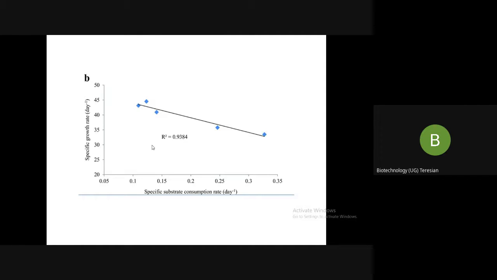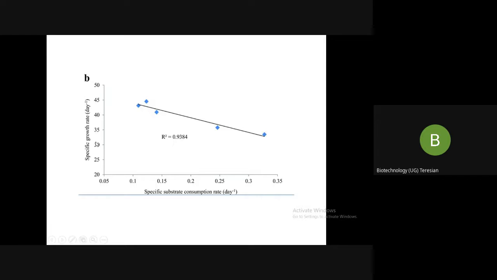Whenever the r squared value is 0.9, and to some extent even 0.8, it is accepted, but when you get an r squared of 0.9 and above, you can say that there is a perfect fit of your model, or the graph is perfectly fitted.